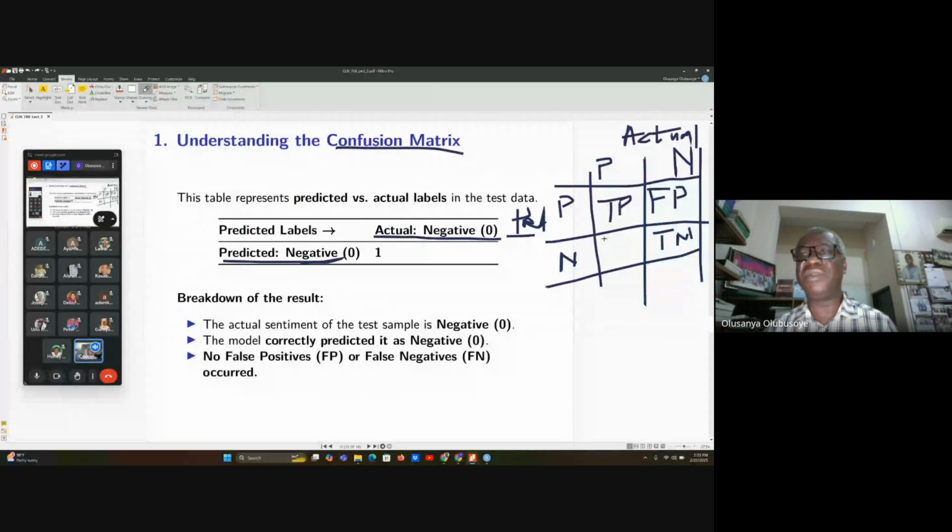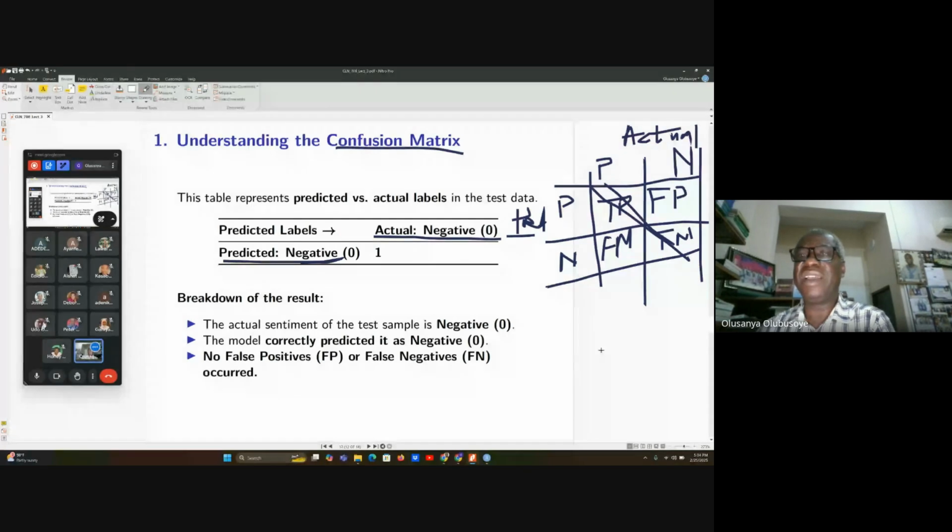So whatever you have here is false negative. It's only in this place that you have predicted correctly. But in these two cells, you have predicted incorrectly, wrongly.